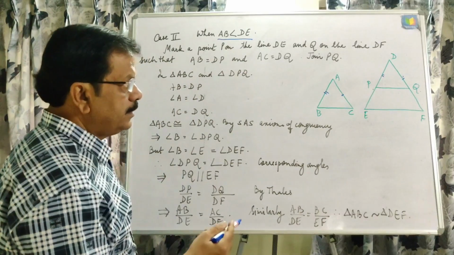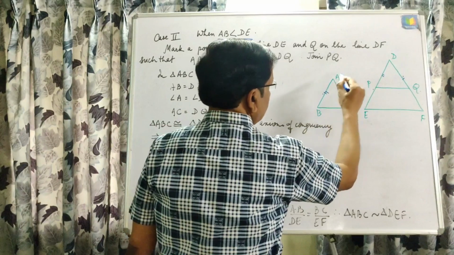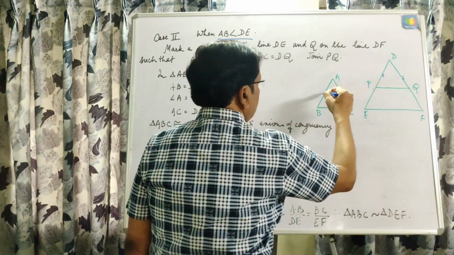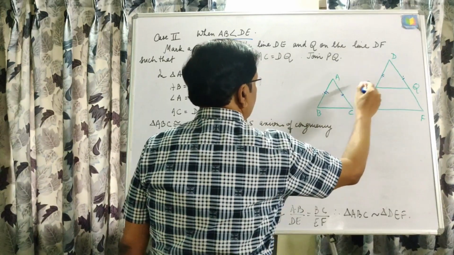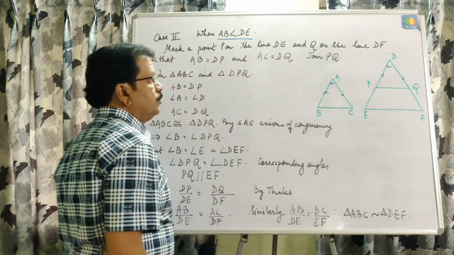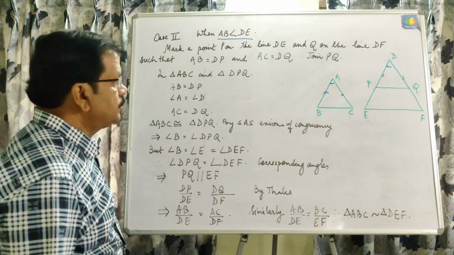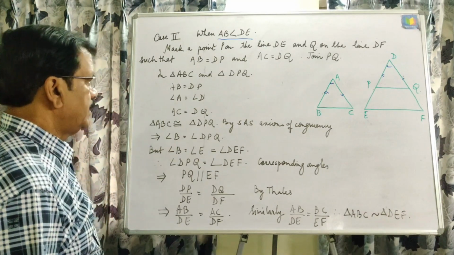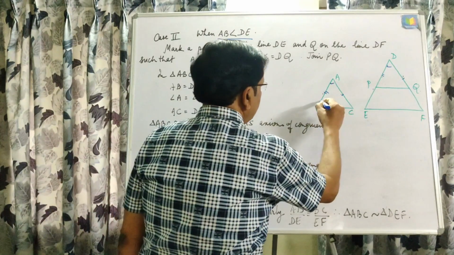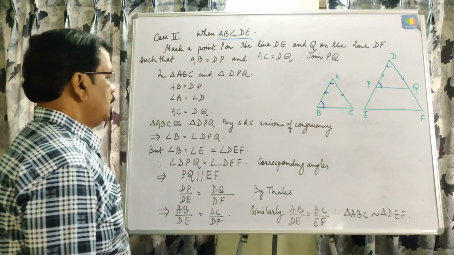Now since these two triangles are equiangular, from these two triangles ABC and DPQ, these two sides are equal, these two sides are equal, and this angle is equal to this. And so by the SAS axiom of congruency, these two triangles are congruent. If these two triangles are congruent, then angle B is equal to angle DPQ.